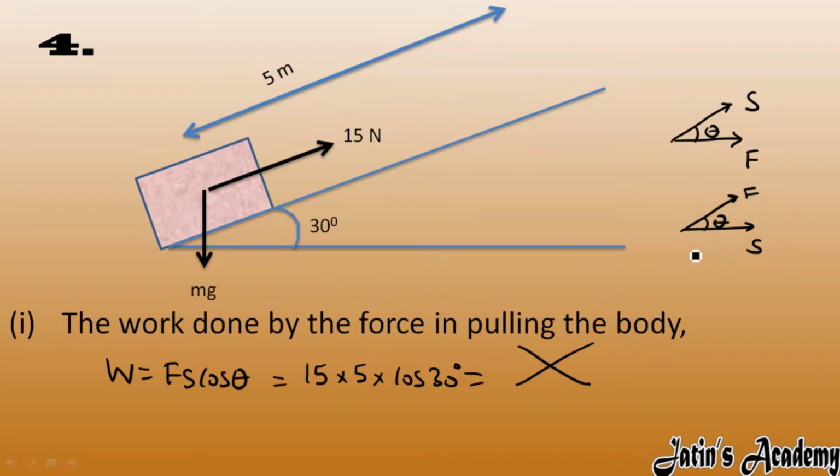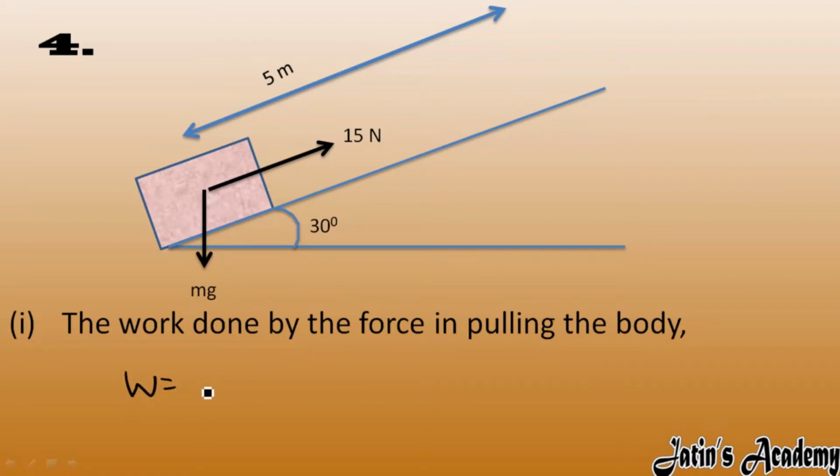Here in this case, carefully see, the force is in this direction and the displacement also occurs in this direction. The force and displacement direction are the same. If the force and displacement direction are the same, then you can't apply the formula F s cos theta. In this case the angle is 0, so we simply use the formula W equals F into s.